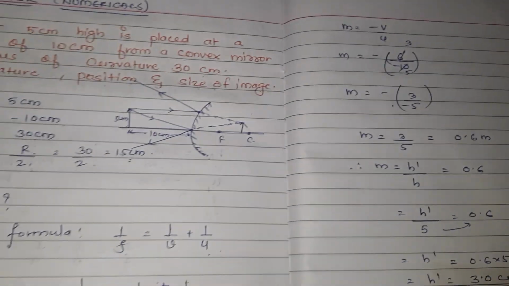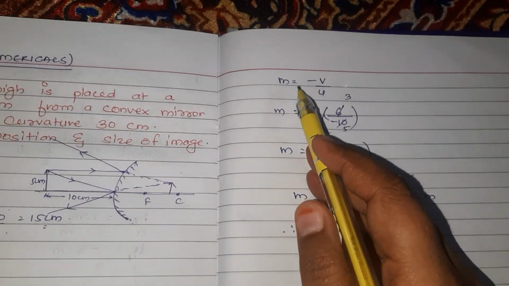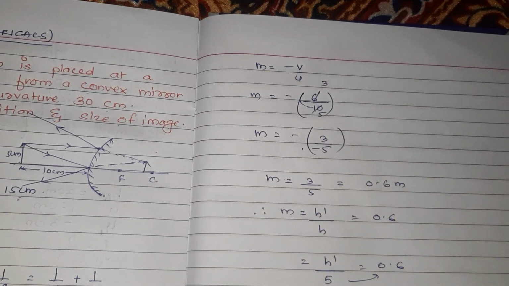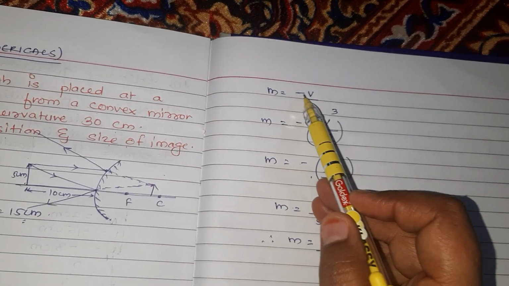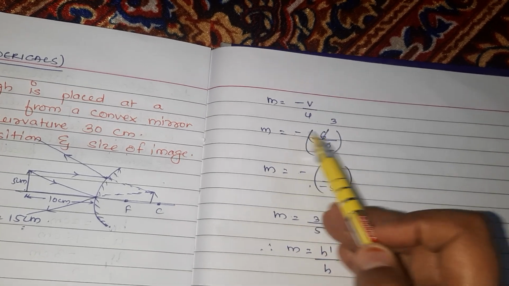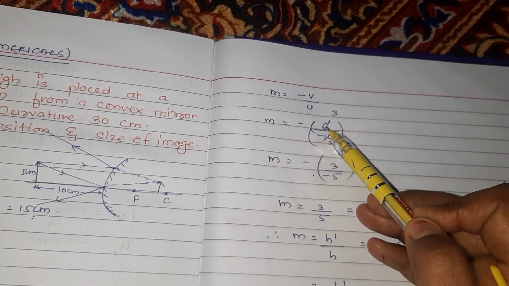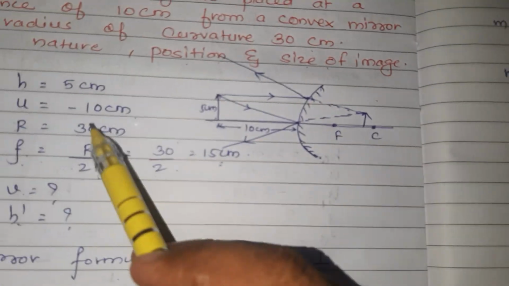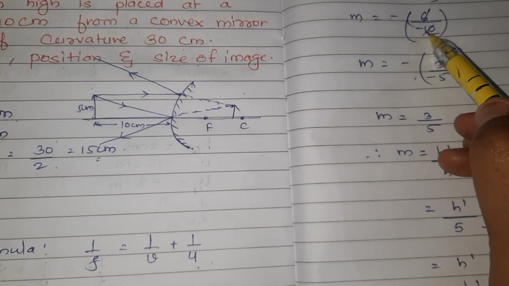Now we will find the size of the image. For that we need to use the magnification formula. m is equal to minus v upon u. What is the value of v? We got 6 centimeter. And what is the value of u? Minus 10 centimeter. So I have written minus 10 centimeter.